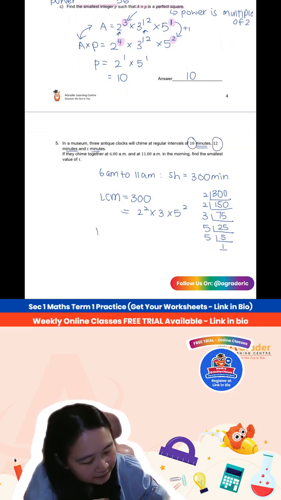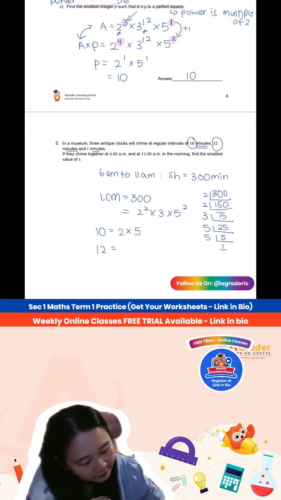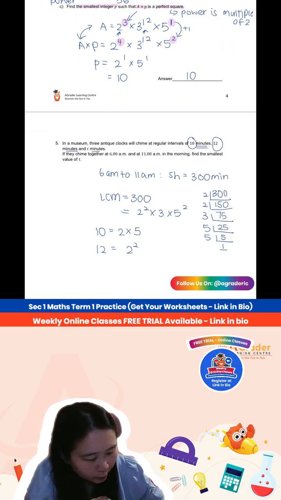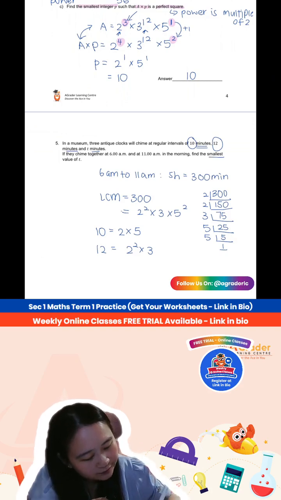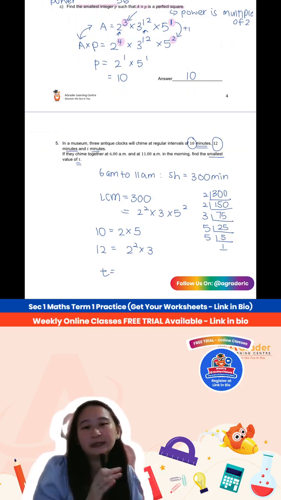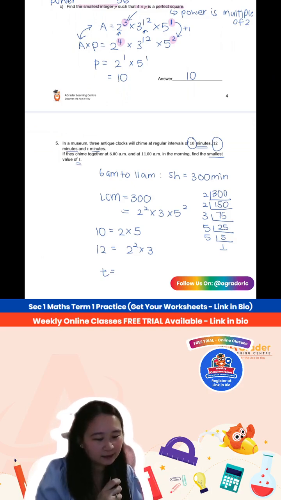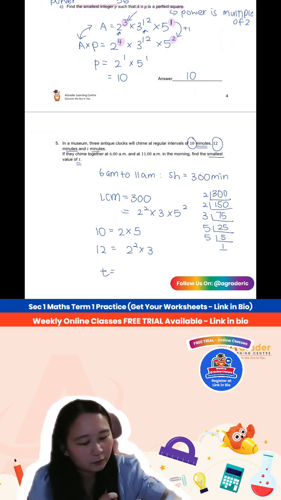The intervals are 10 minutes and 12 minutes. So I find the respective prime factors first. 10 is 2 times 5. And 12 is 2 square times 3. They want the smallest value of t. So as much as possible, try not to give t any factors unless needed in order for it to be the smallest.